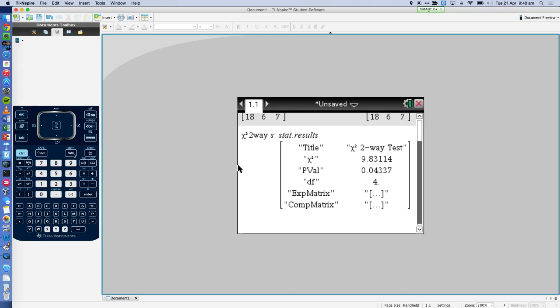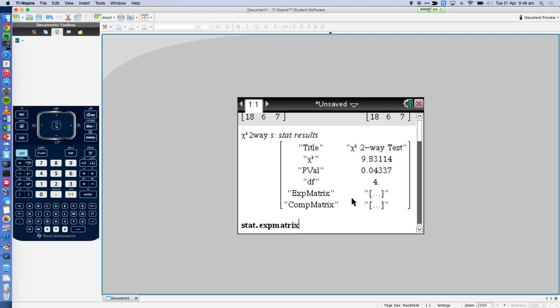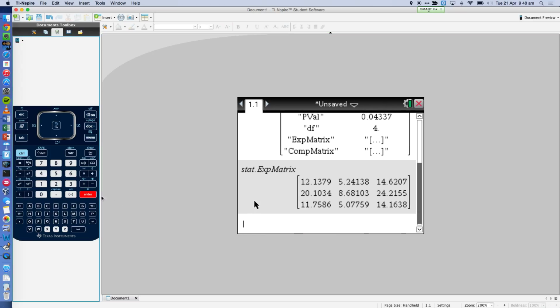How do we get this? We look in our variables. I can just click variables there, and I'm going to go down to my expected matrix, hit enter, and there's my numbers. And it says, write down the table of expected values, give values to the nearest integer. So this would be 12, 5, 15, 29, 24, 12, 5, 14.